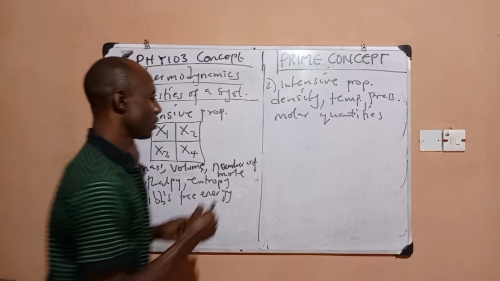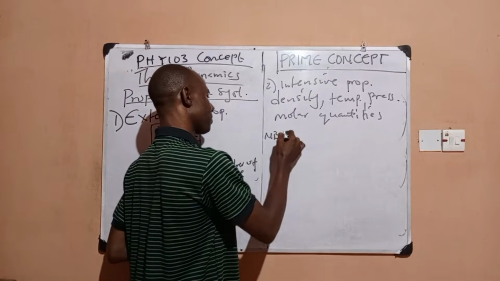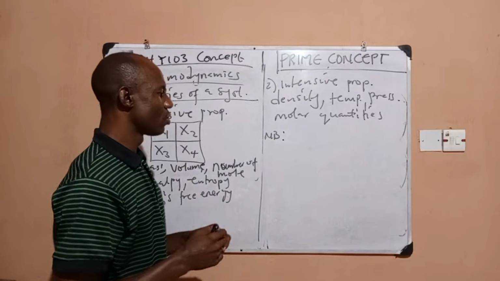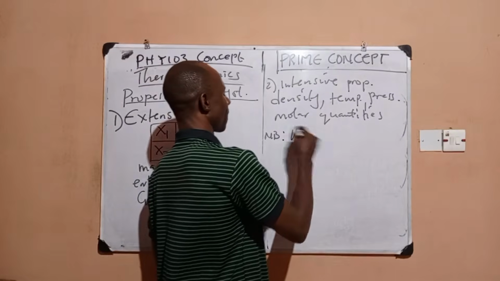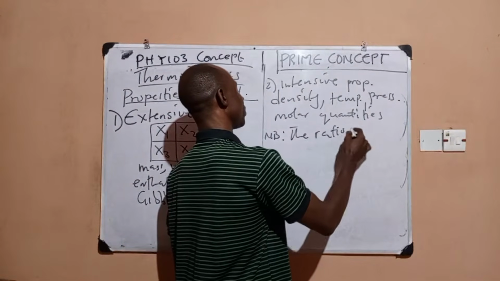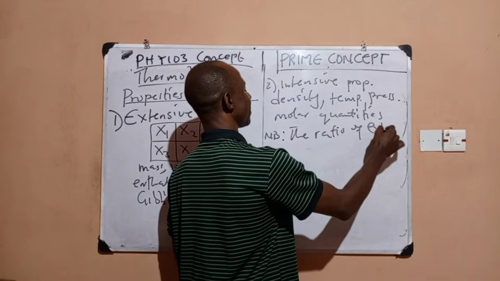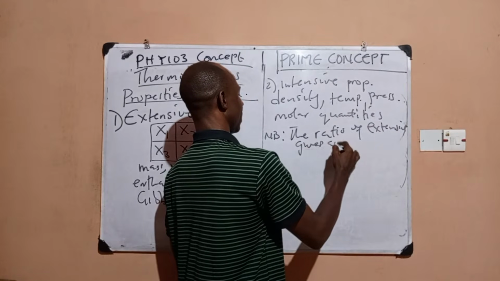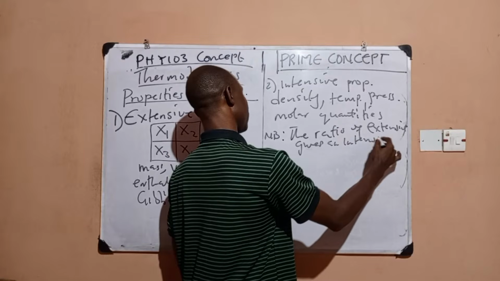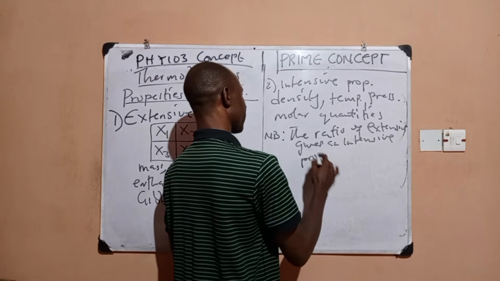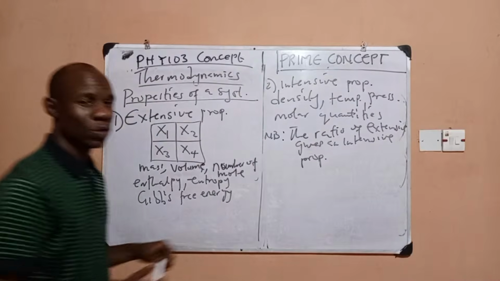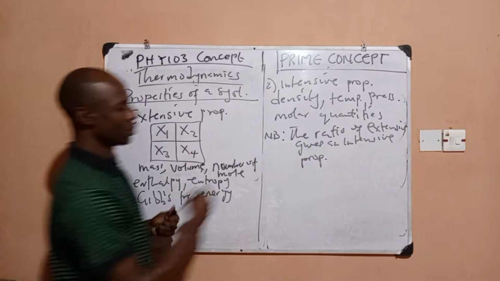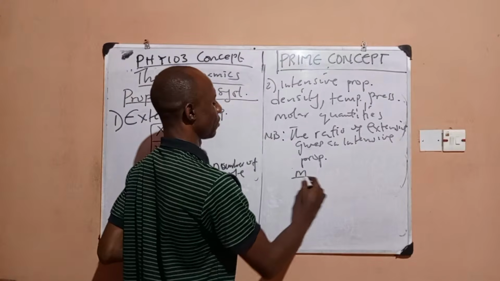Yes. So, I want you to note. What do I want you to note? I want you to note that the ratio of extensive properties gives an intensive property. The ratio of two extensive properties will give you an intensive property. For example, you know that mass over volume.